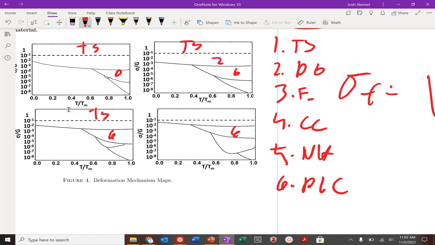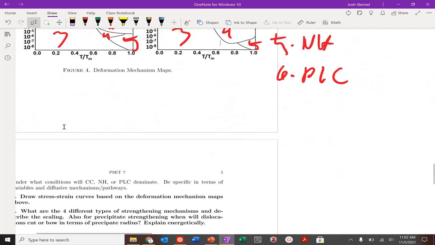This is going to be 2, 2, 2, and 2, 3, 3, 3, 3, and then if I look down here, the Nabarro-Herring is going to be 5, 5, 5, 5, and that just leaves 4, 4, and then 4 here. So excellent, we've labeled the deformation mechanism maps.